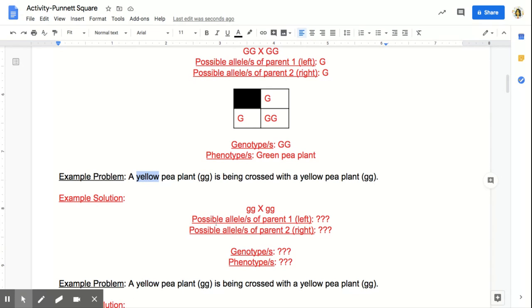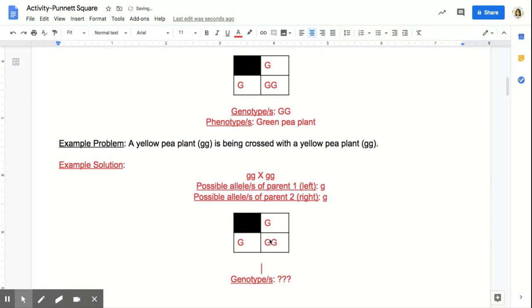All right. So the possible allele for parent 1 again is only the recessive allele because there's only one type of allele here. Same thing here. So basically, we're also going to use the same Punnett square from the first example because there's only one type.